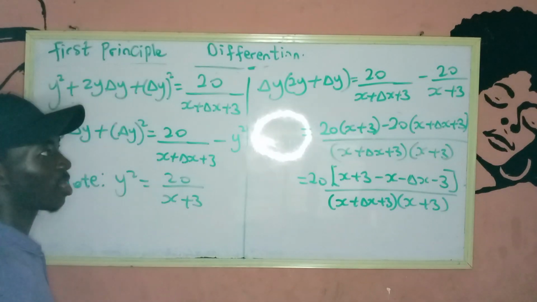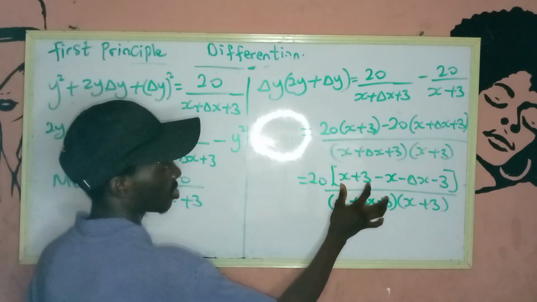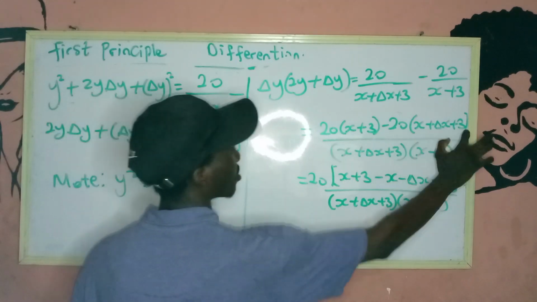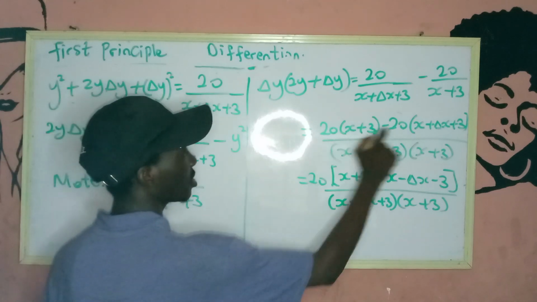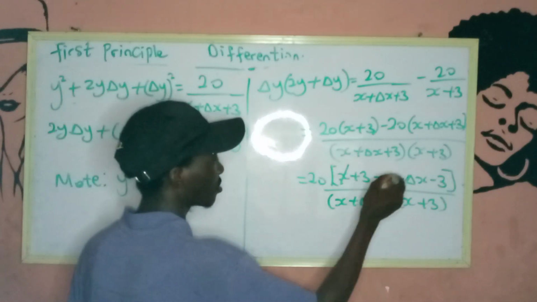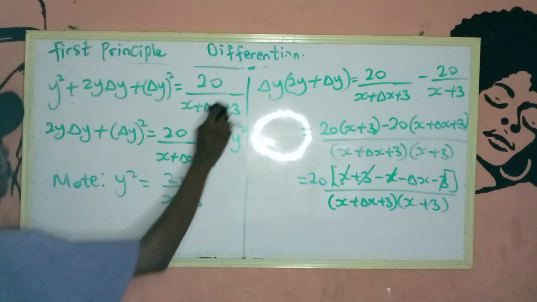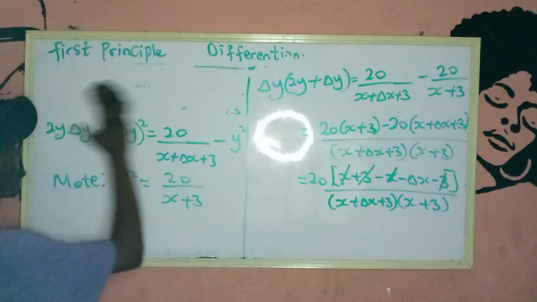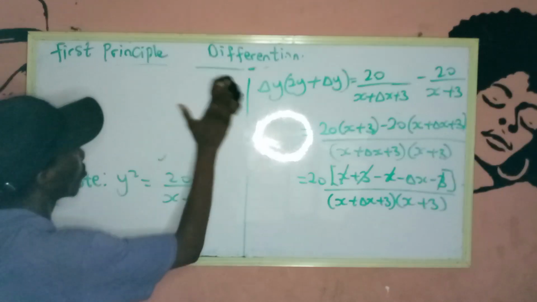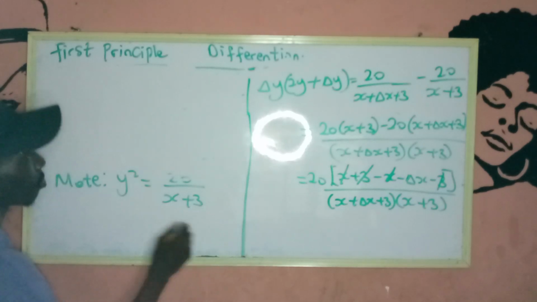You can see how beautiful this is. You use the minus to open this. But I did that because 20 is common here, so that's the 20 out, which is here. So this cancels this, and this cancels this.